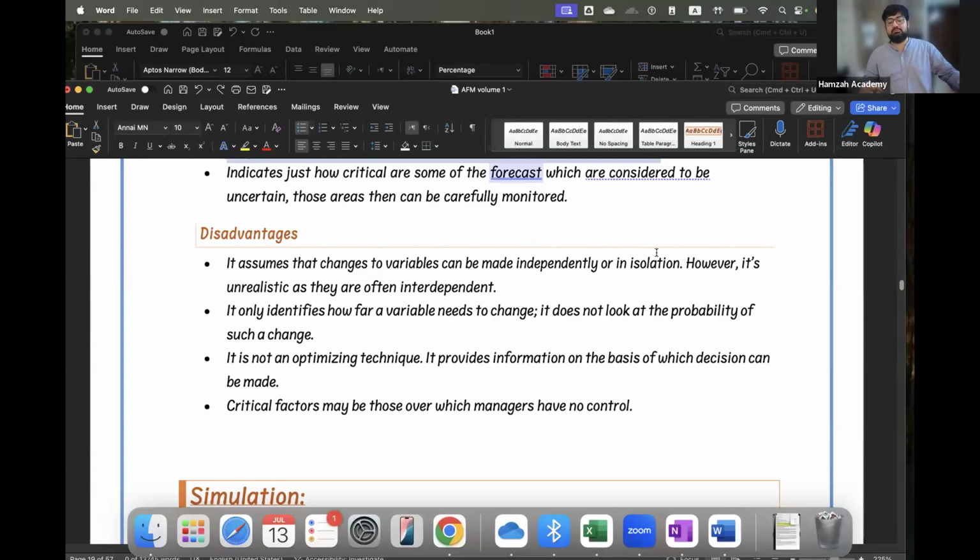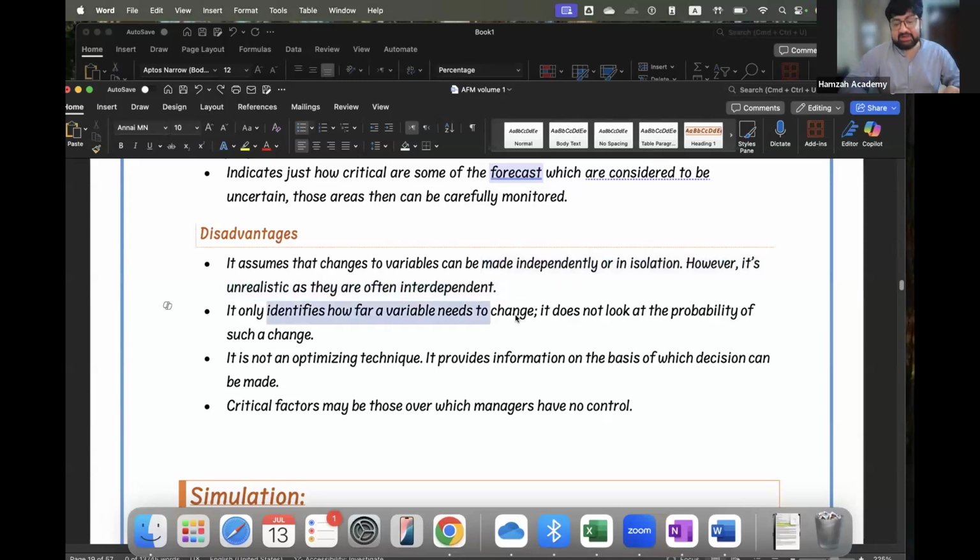In practice, variables are interdependent. One cost is increasing, the other is increasing, selling price also. If in the economy inflation is increasing, pricing increasing, cost of capital also increases. So sensitivity analysis has this drawback that it considers all variables independent, which is unrealistic.